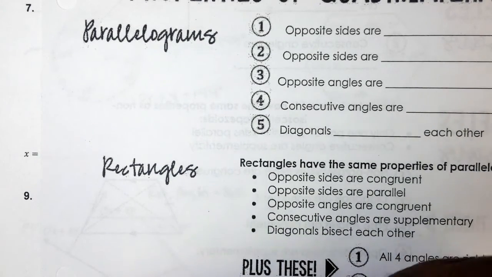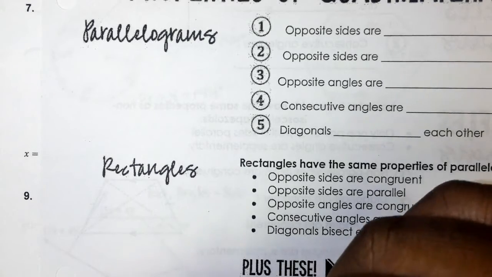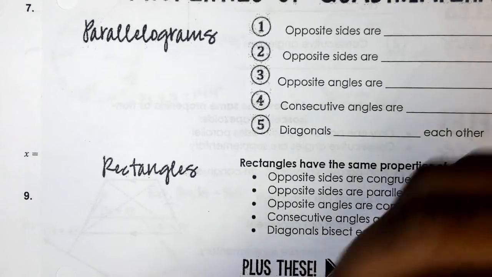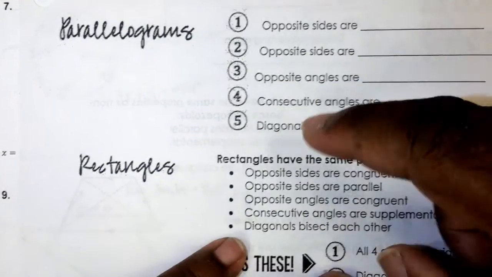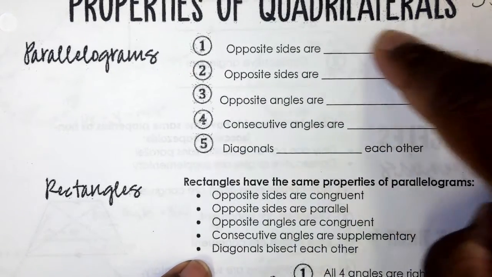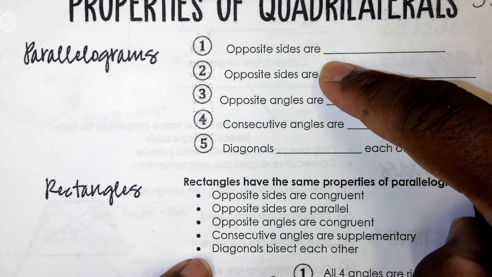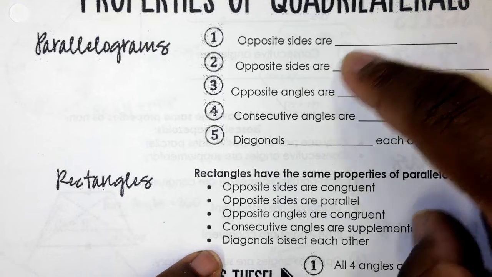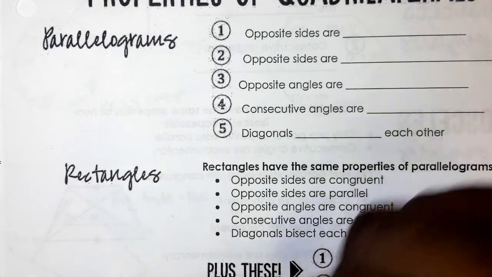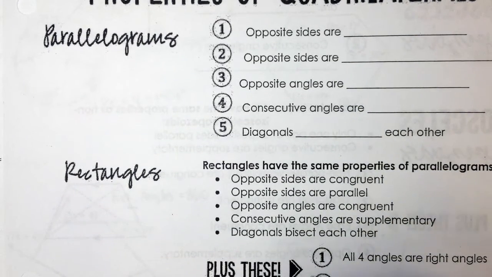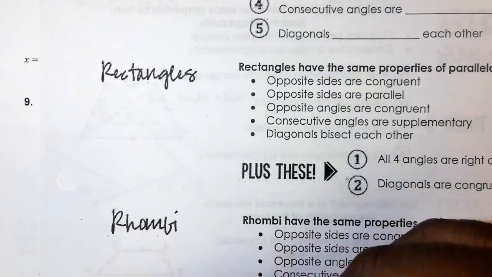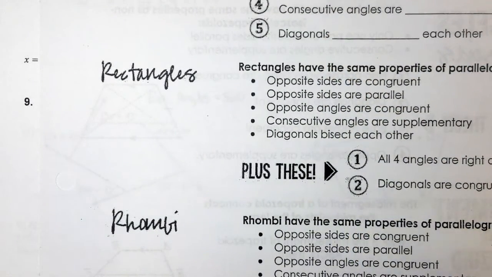Let's talk about parallelograms in general first. All parallelograms have these 5 basic properties right here, and we'll fill these in. Where they get distinguished after that is the additional properties that they have. So what I'm saying to you, everything on the front of this page is a parallelogram. A rectangle is a parallelogram, a rhombus is a parallelogram, and a square.